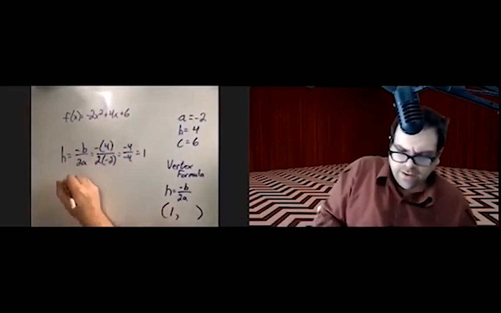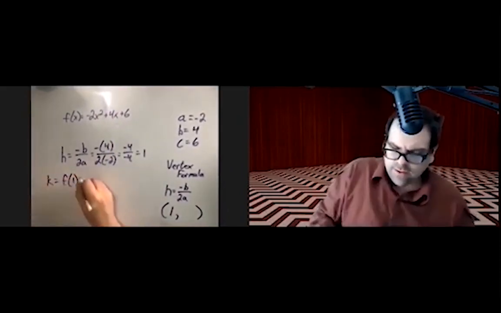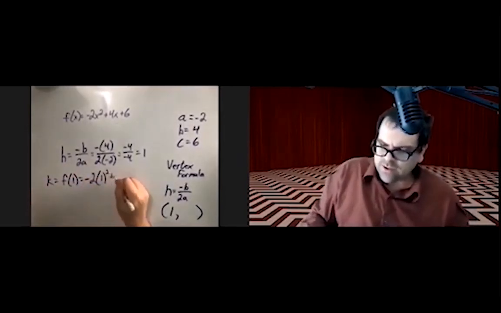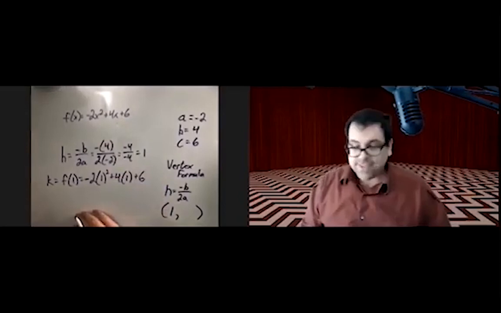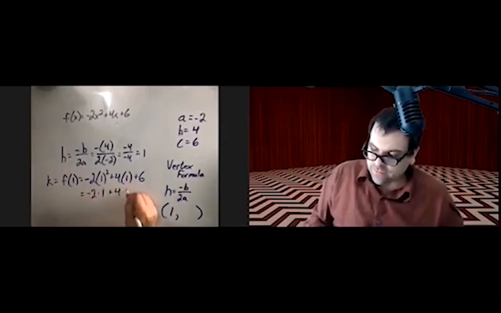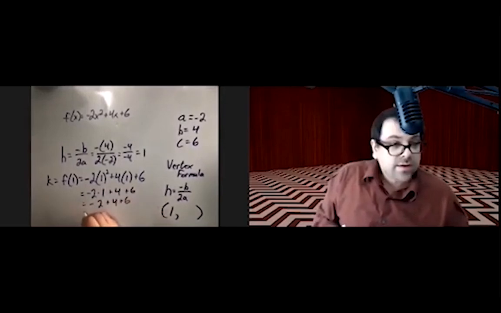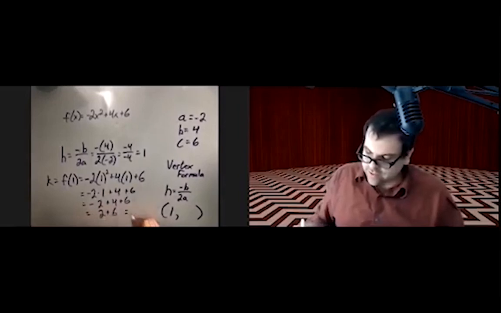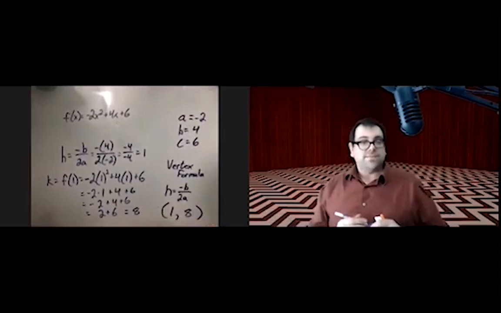When we find f of 1 to get our k, that's negative 2 times 1 squared plus 4 times 1 plus 6. Negative 2 times 1 plus 4 plus 6. Negative 2 plus 4 plus 6. 2 plus 6 is 8. So 1, 8. Same vertex.